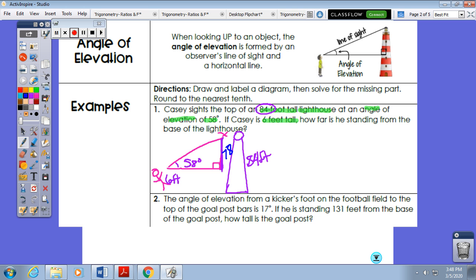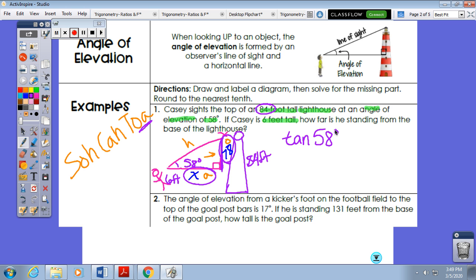We want to know how far he is standing from the base of the lighthouse. So what is this distance here? We're going to find our opposite, hypotenuse, and adjacent, and use SOHCAHTOA to figure out what we're doing. I'm looking for adjacent and I have opposite, so we're looking at tan. Tangent of 58 degrees is equal to opposite, which is 78, over adjacent, which is x.